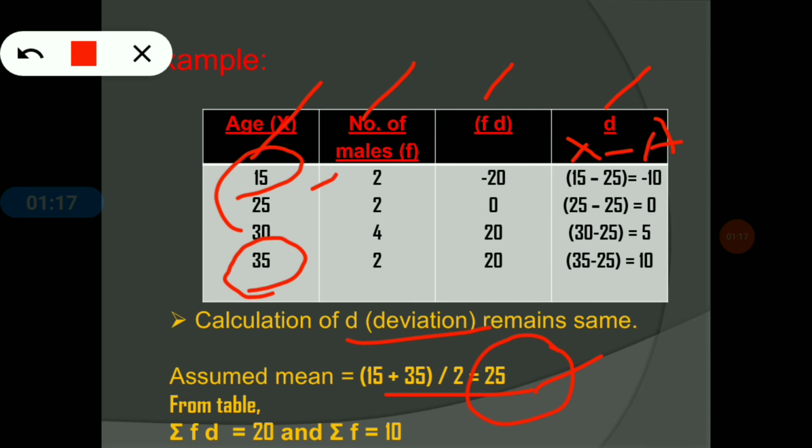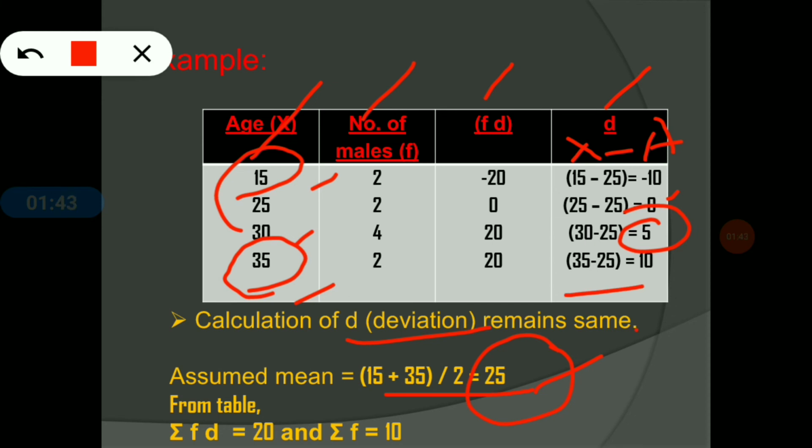For the first variable, 15 minus 25 equals minus 10. For the second variable, 25 minus 25 equals 0. For the third variable, 30 minus 25 equals plus 5, and for the last one, 35 minus 25 equals plus 10.